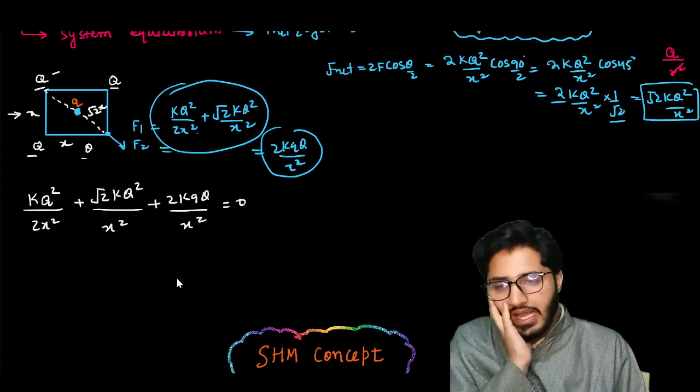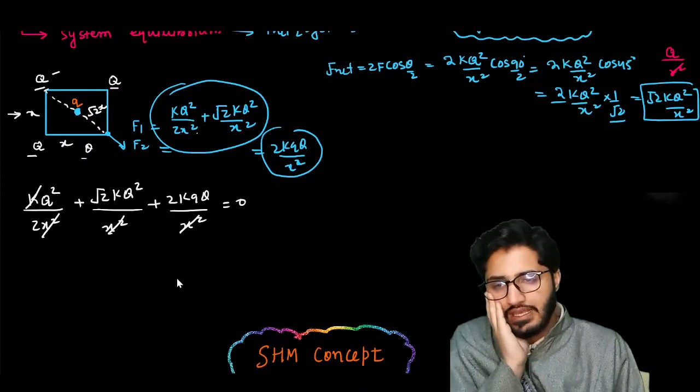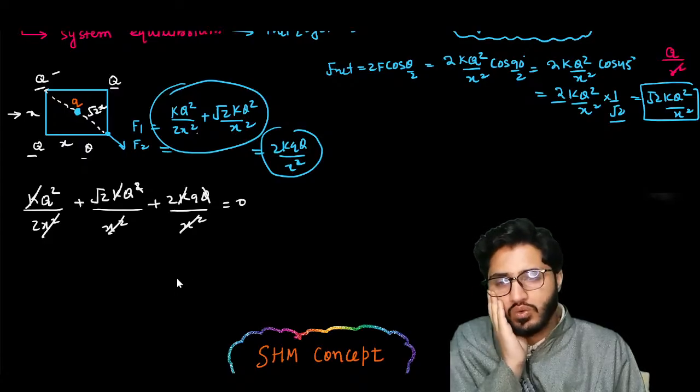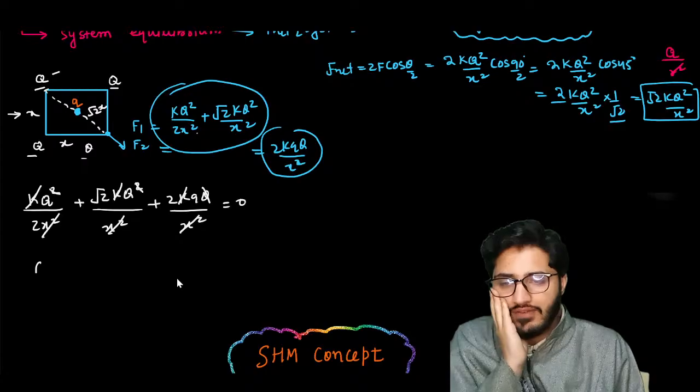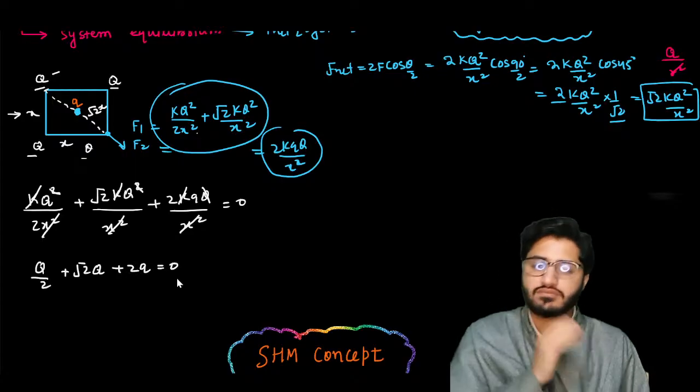Yes, sir. x square I will take common and cancel out, k common and cancel out, one q cancels out. So what will I get here? I will get q by 2 plus root 2 times q plus 2q is equal to 0.